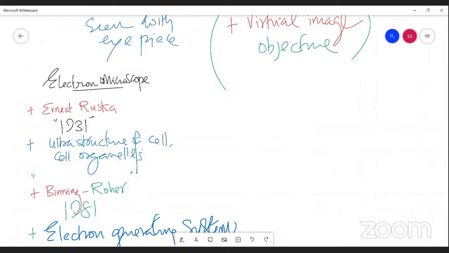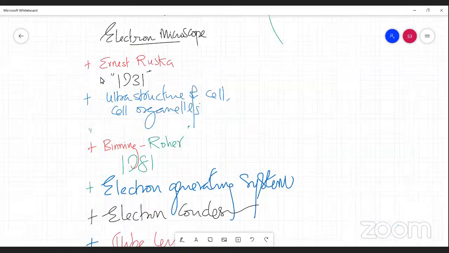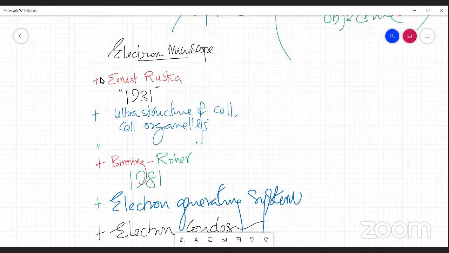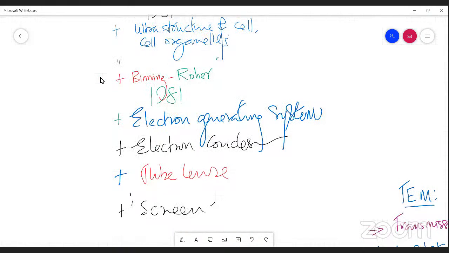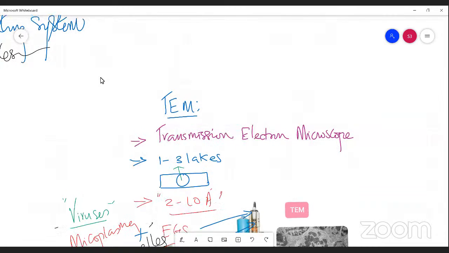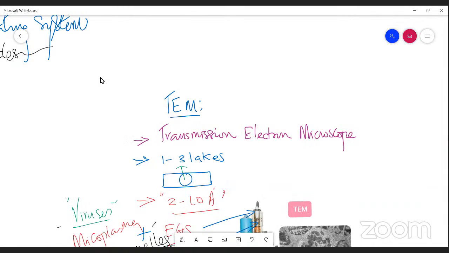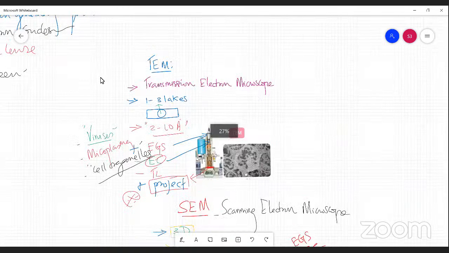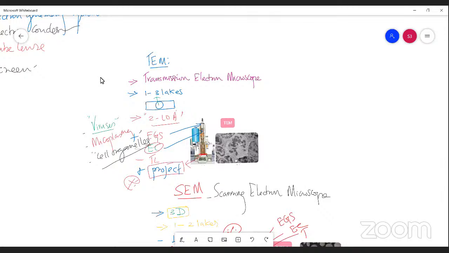Could you mention the person who developed the electron microscope? Ernest Ruska in 1931, for the ultrastructure of cell organelles. What are the types of electron microscope? Two types: transmission electron microscope and scanning electron microscope.